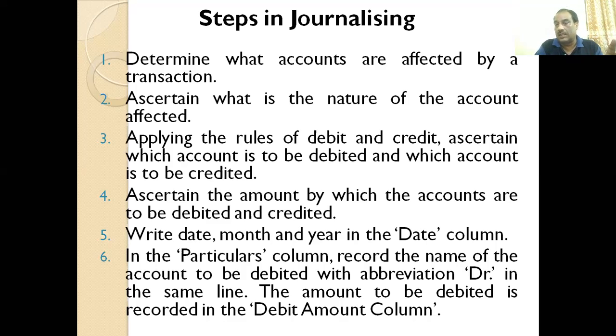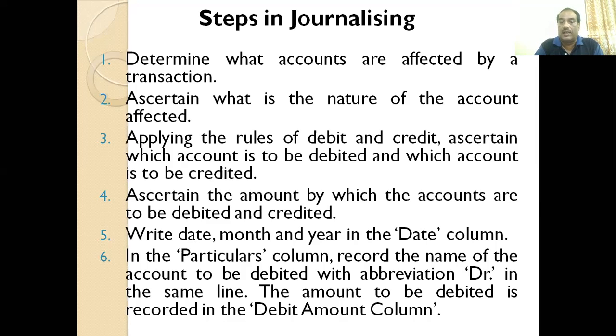Generally we write the year at the top, followed by the month and the date. So entries are made writing year, month and date. Then next step is in the particulars column, record the name of the account to be debited with abbreviation DR. So DR denotes debit in the same line.